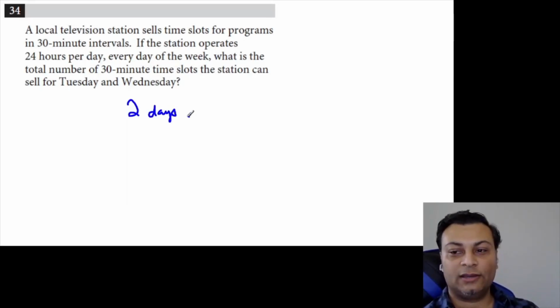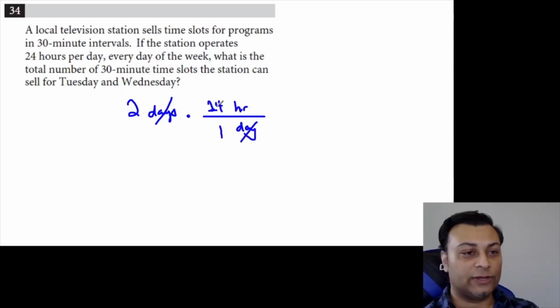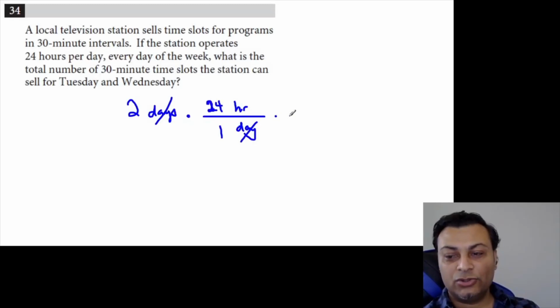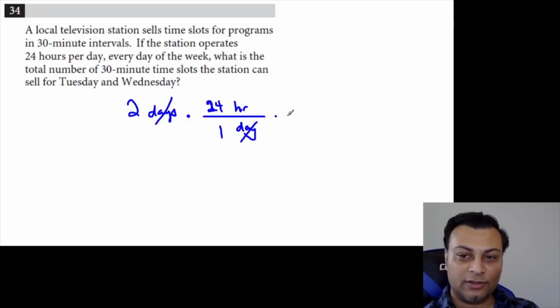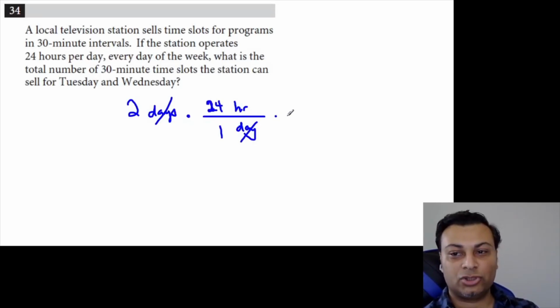We have 24 hours in 1 day. So by now, we're up to 48 hours, 2 times 24. But I need to know how many time slots I have. So you could just times 2, if you notice that there are 2 30-minute time slots per hour.